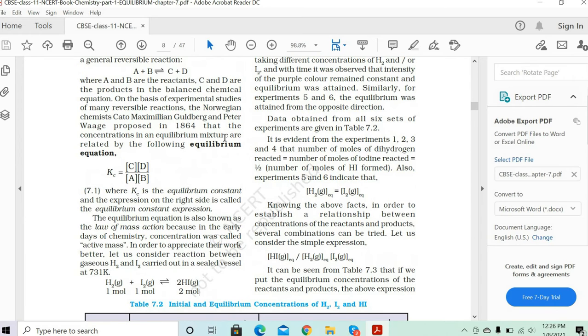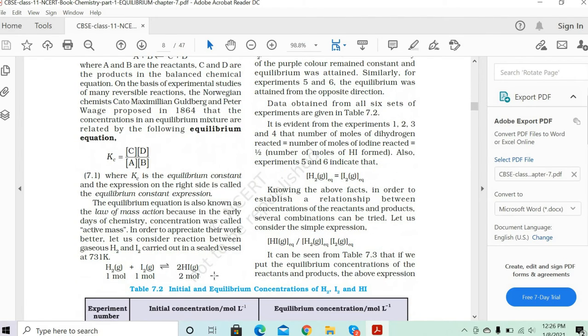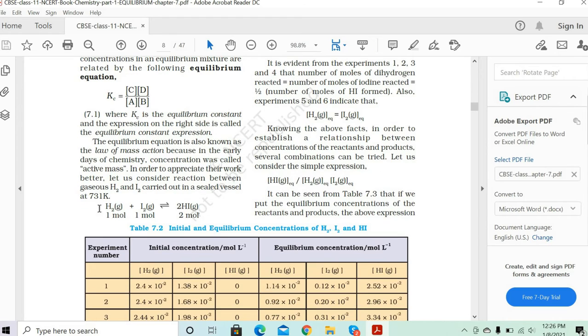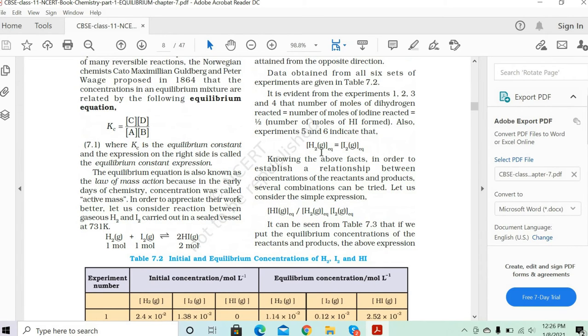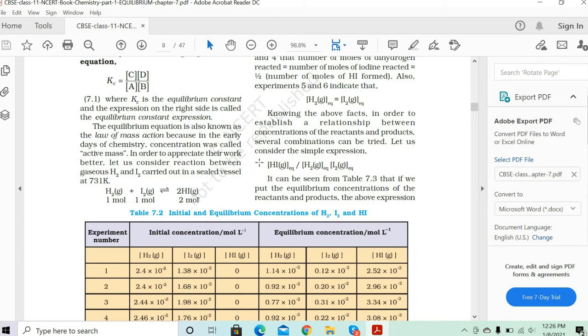Good. Now, as per the equilibrium constant, what is the formula when we apply it to the case of H2 plus I2? Since both are gases, write down the equilibrium constant.